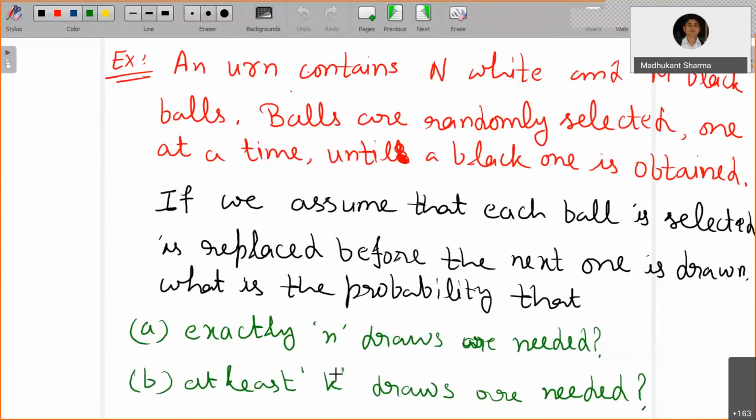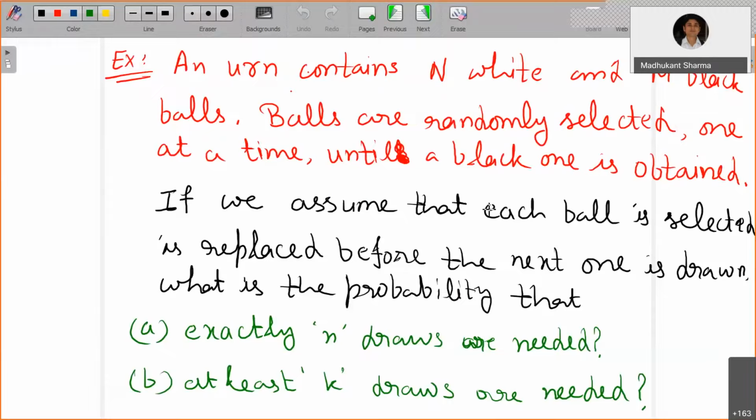Certainly, if you denote x as the number of draws needed to select a black ball, that's what it is, because balls are randomly selected one at a time until a black one is obtained. So you keep repeating that trial. You draw a ball from the urn and look at the color.